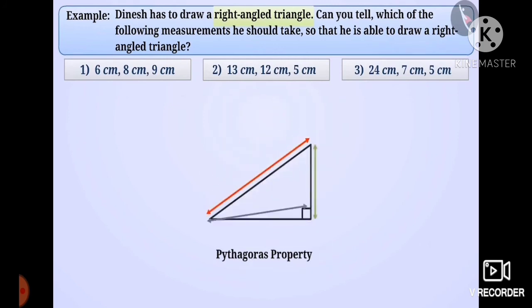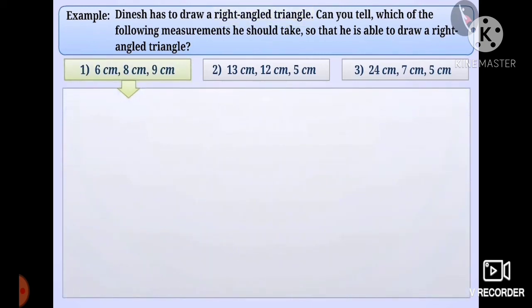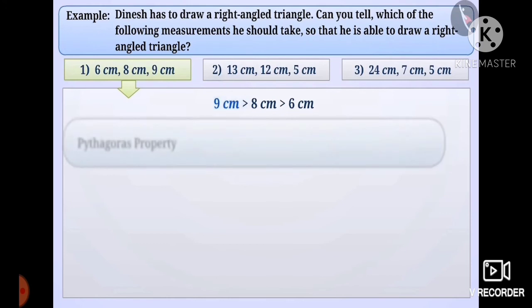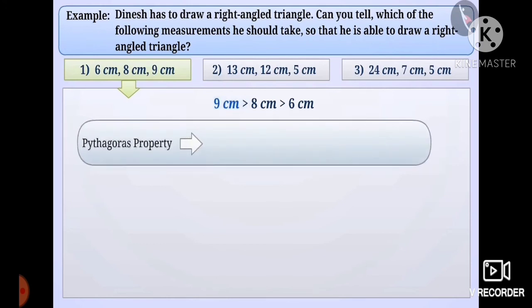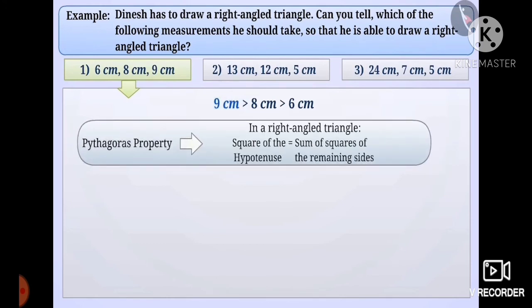By the Pythagoras theorem, the sum of the squares of the legs should be equal to the square of the hypotenuse. If you take 9 centimeters, in a right angle triangle the square of the hypotenuse equals the sum of squares of the remaining sides.